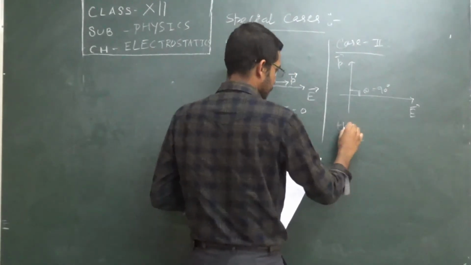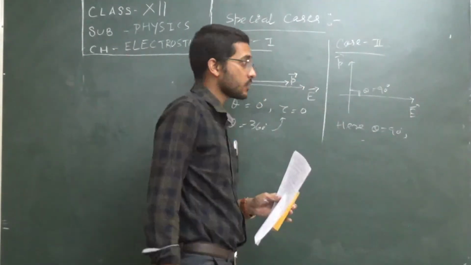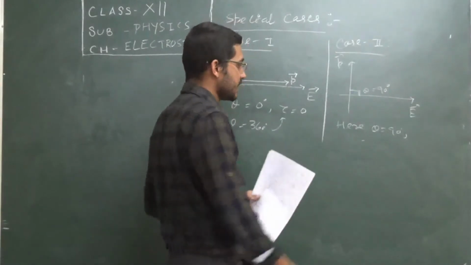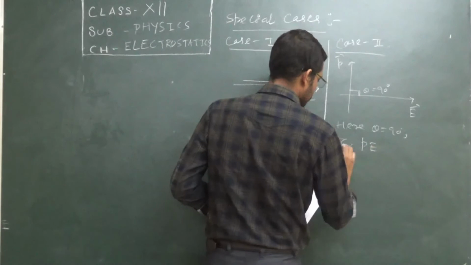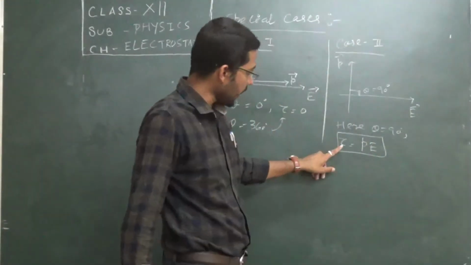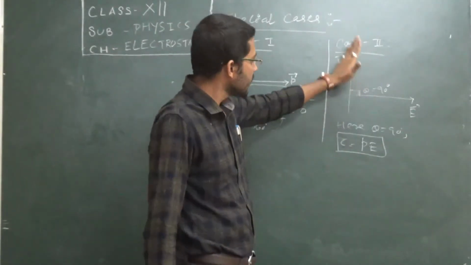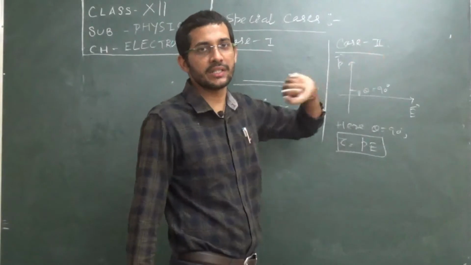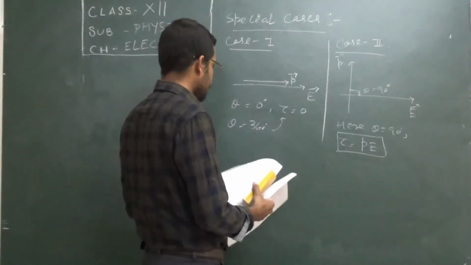Here theta equals 90 degree. We have expressed tau equal to PE sin theta, so tau will be equal to PE. That means in this case, as torque remains, the probability of this electric dipole to rotate is found to be maximum. Okay, then we will go to the third case.